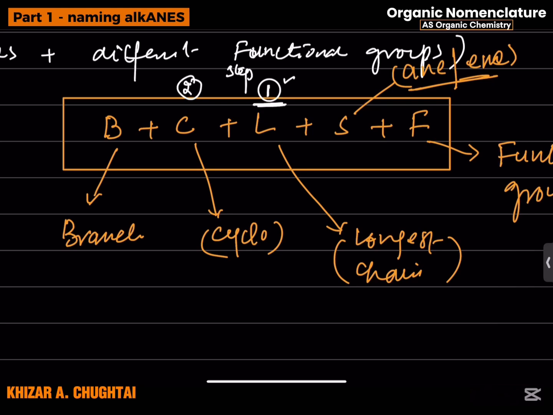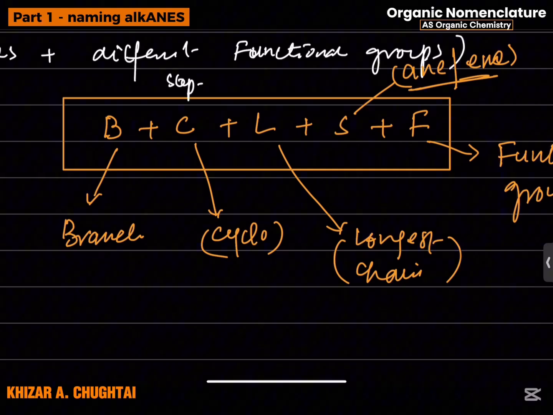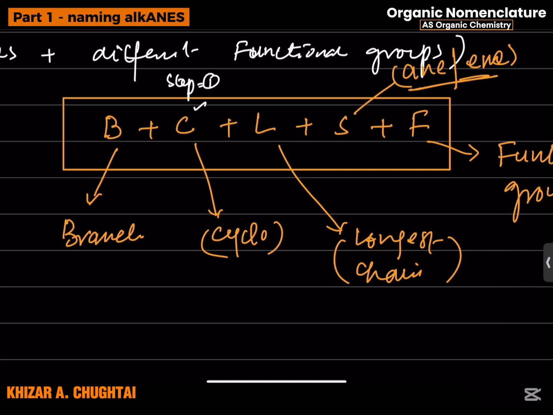If the cyclo is present, you can reverse it, please. Step number 1 is to check cyclo: whether the compound is a cyclic compound or an open chain compound. Step number 2, check the longest chain, the number of carbon atoms in the longest chain. Step number 3, check the nature of branches or how many branches are there.